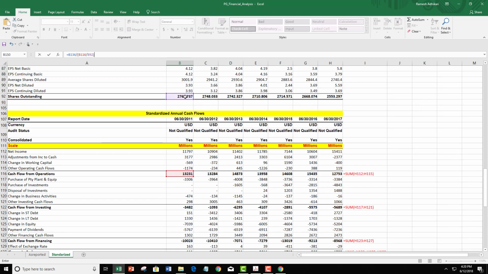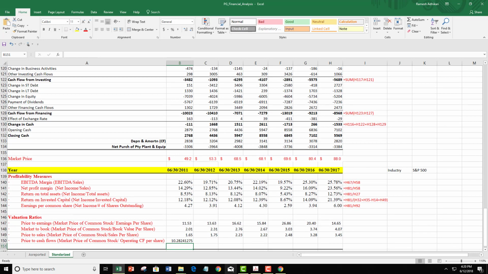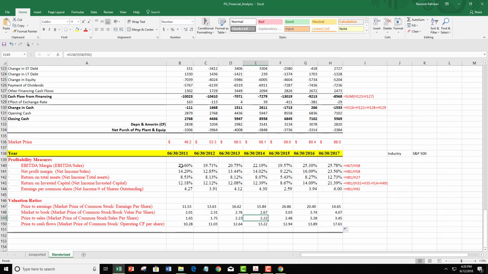That gives me cash flow per share, and when you divide price by cash flow per share, you can compute the price to cash flow. Once I compute it for one year, you can drag it to the rest. So this is how you compute all these ratios that I have asked.